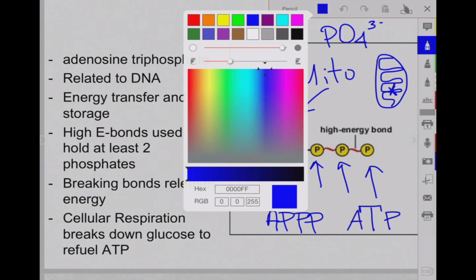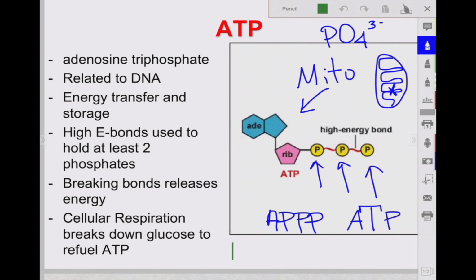And as it's broken down, it's sort of like a chemical battery. Let's draw it like this. ATP, if you want to think of it, is like a full battery. And as each phosphate is cleaved off for the purpose of metabolism, the energy state is lowered a little bit. That would be like ADP.